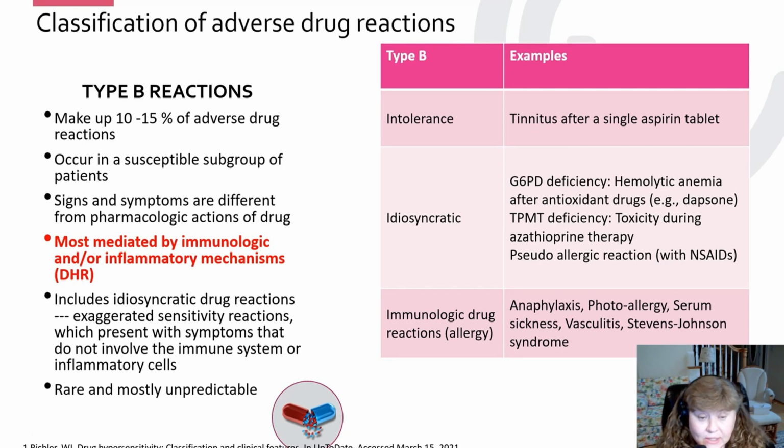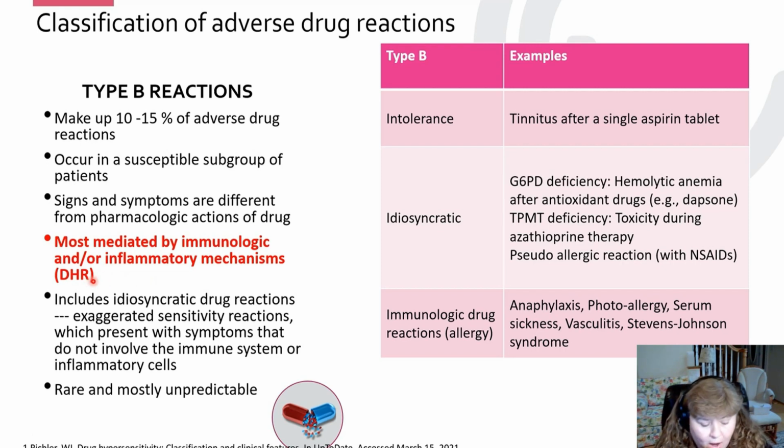Type B reactions make up a much smaller percentage of adverse drug reactions, about 10 to 15%, and they only occur in susceptible individuals. These are usually signs and symptoms that are different from the pharmacological properties of the drug. They're often mediated by immunological cells or inflammatory mechanisms.